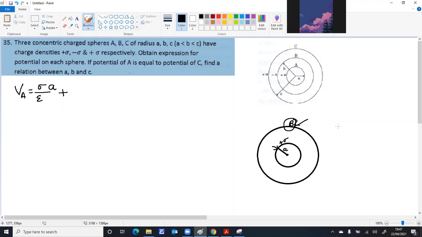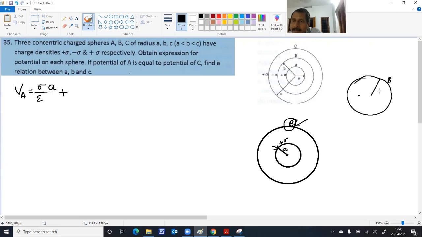If this is a sphere, what's the potential inside the sphere? Same as on the surface. So imagine this is sphere B. What's the radius of sphere B? Small b.